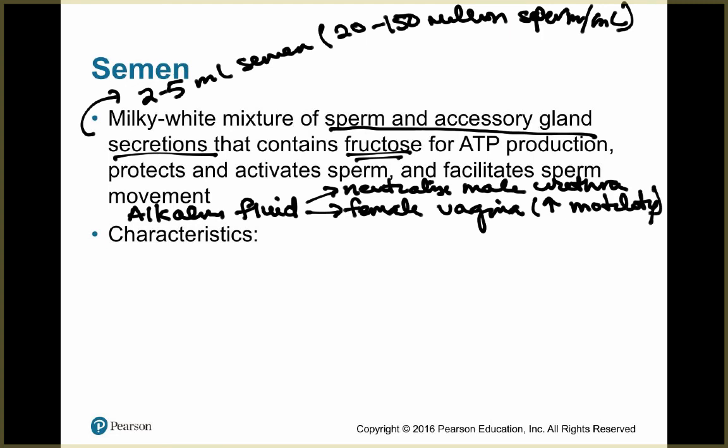Now there's a bunch of different characteristics of semen. And we've talked about all these different things that the different types of glands produce, right? And we're kind of like, well, what's the purpose of that? And so, for instance, they have prostaglandin within semen. And so this is going to do a couple things.